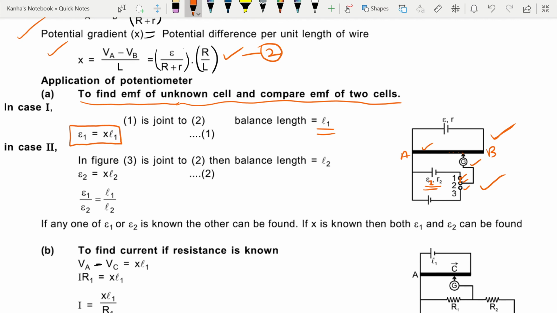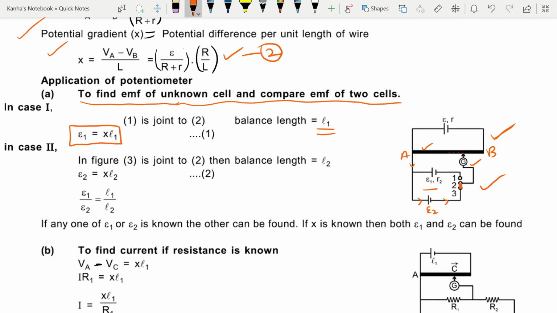Similarly, if in this figure I join 3 to 2, then the current will flow through this branch. Let me call this epsilon 1 and this epsilon 2.